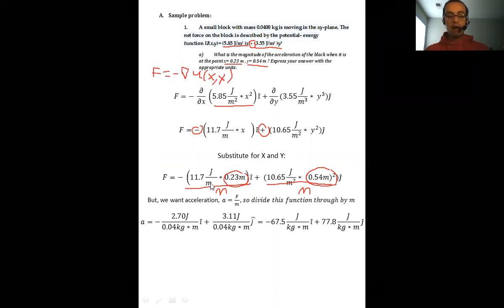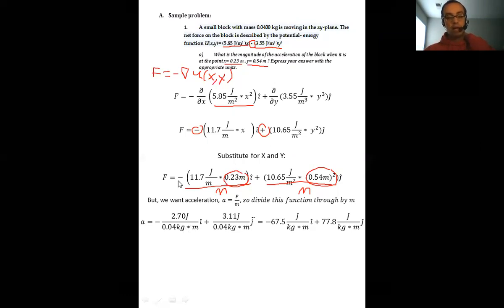We already have something here in the denominator in each case in meters. So now we're going to add a unit of kilograms. So 0.04 kilograms times meters, because it was already in joules per meter. So we have 2.70 joules.